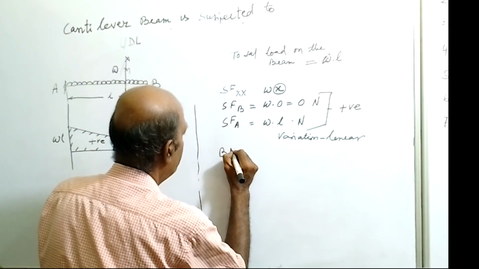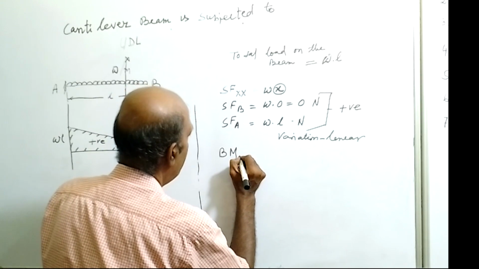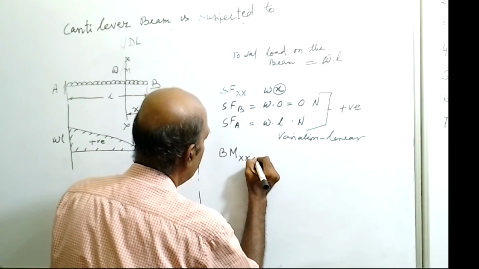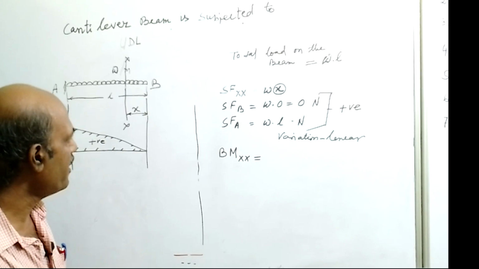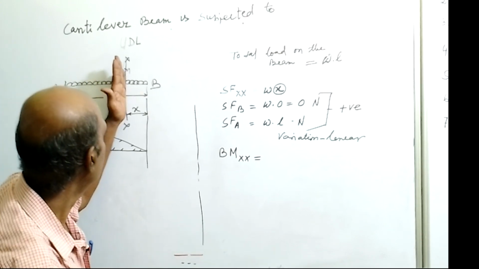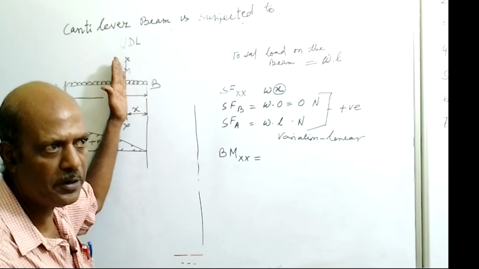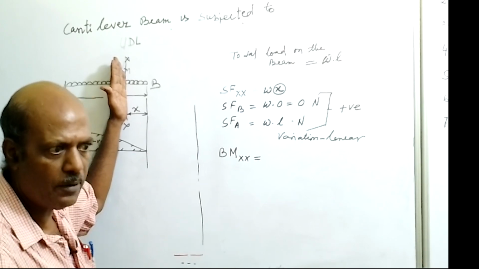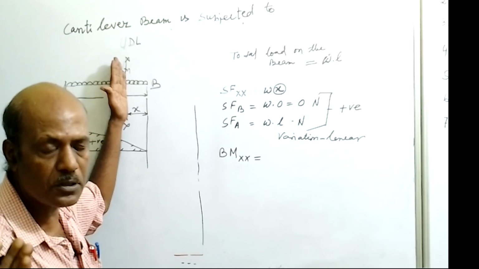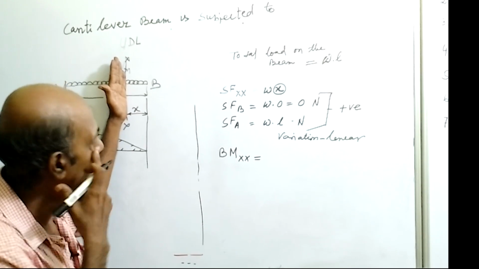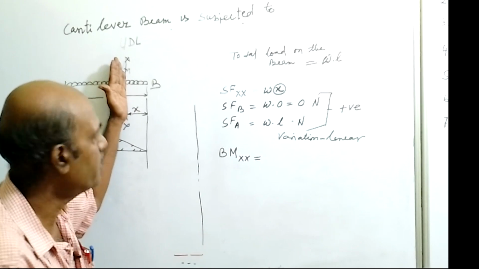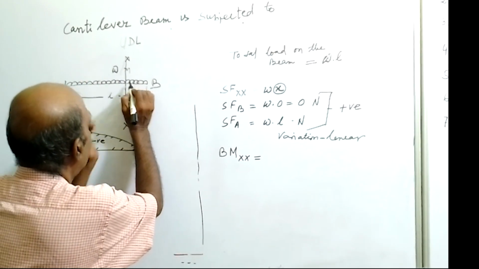So first find the equation of bending moment at section XX. It is the algebraic sum of moments of all the vertical forces acting to one side of the section. So one side we are considering, the right side. What is the load acting at the right side?